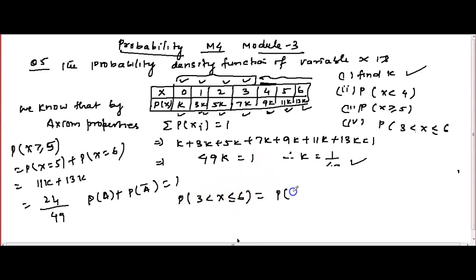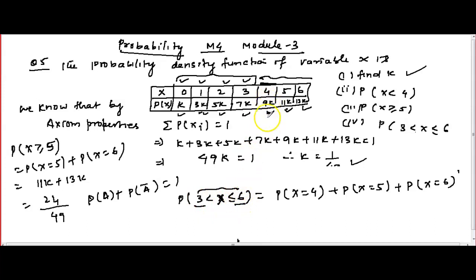So first we take x is equal to 4, x is equal to 5 and x is equal to 6, right? The numbers 0, 1 and 2 are less than 3, so we don't take them. The x which lies between 3 and 6 should be greater than 3 but less than or equal to 6.